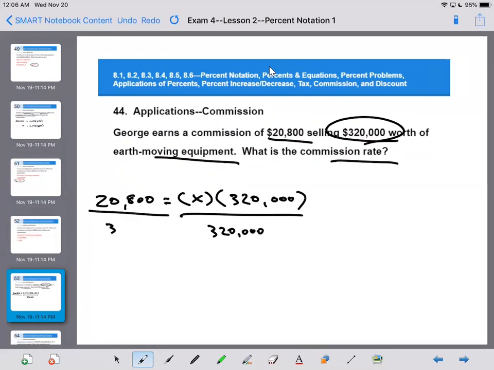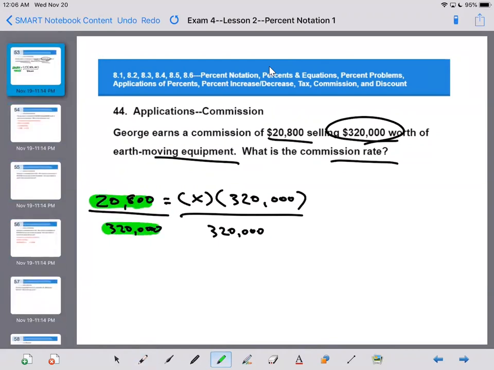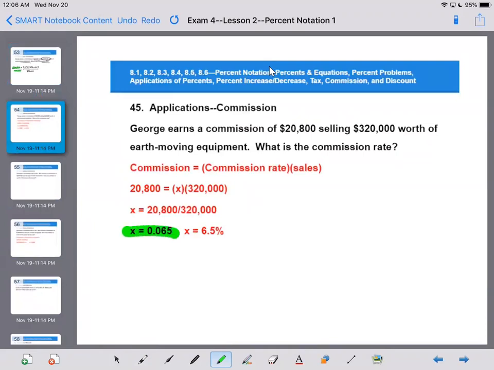So you would type into your calculator 20,800 divided by 320,000, and you would get 65 thousandths. But remember, that's the decimal form, which is 65 thousandths, but if you wanted to change that to a percent, that would be 6 5/10%.